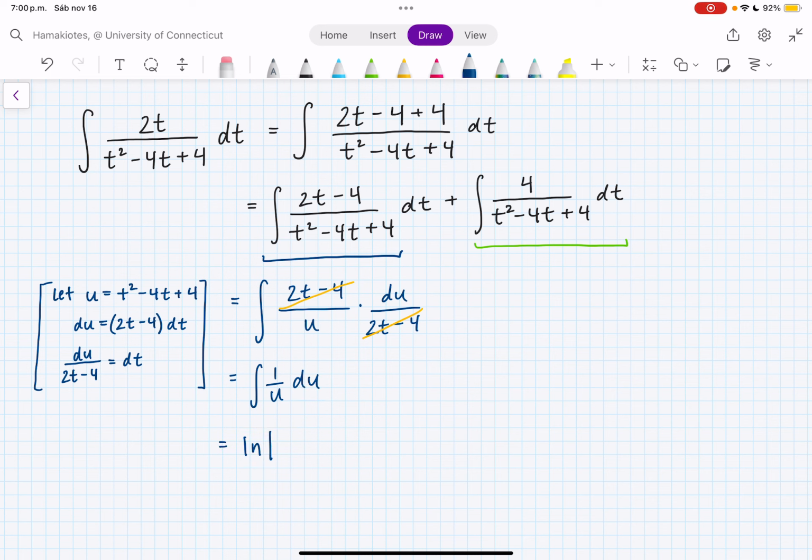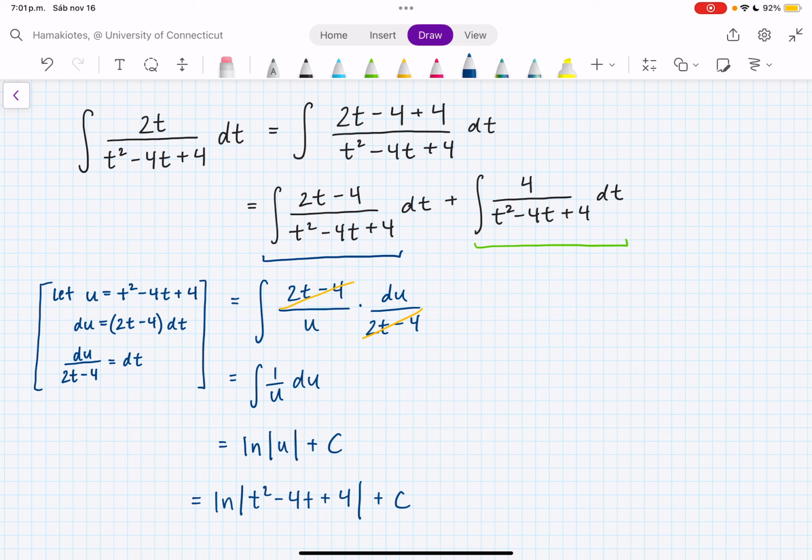That's the natural log of the absolute value of u plus c, because this is an indefinite integral. And then I'm not done yet because I have to plug in my value of u. So this is the natural log of the absolute value of t squared minus 4t plus 4 plus c.